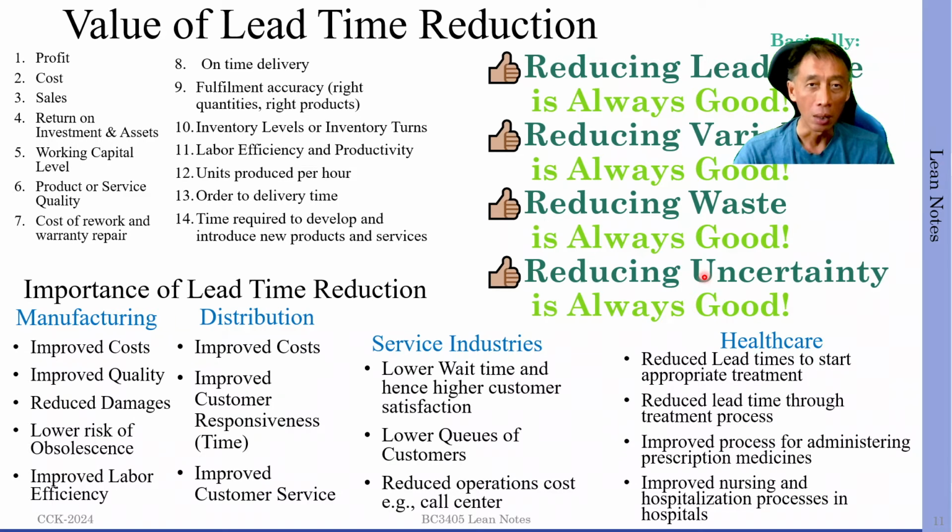Uncertainty, I would include two things: the standard deviation and the probability. So uncertainty is no good, right? We are not sure of the demand, and then we undercater or overcater. So that's no good. That's variability. Uncertainty is, in addition to that, a probabilistic element.